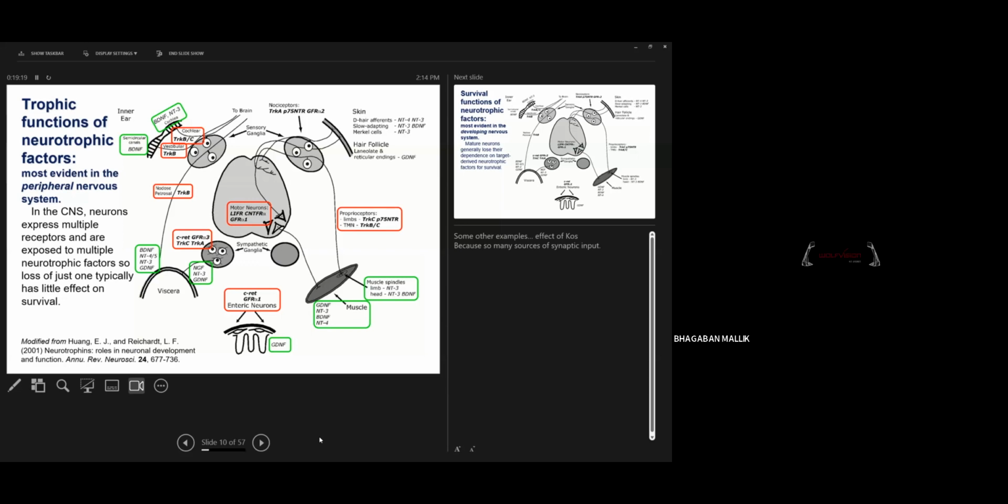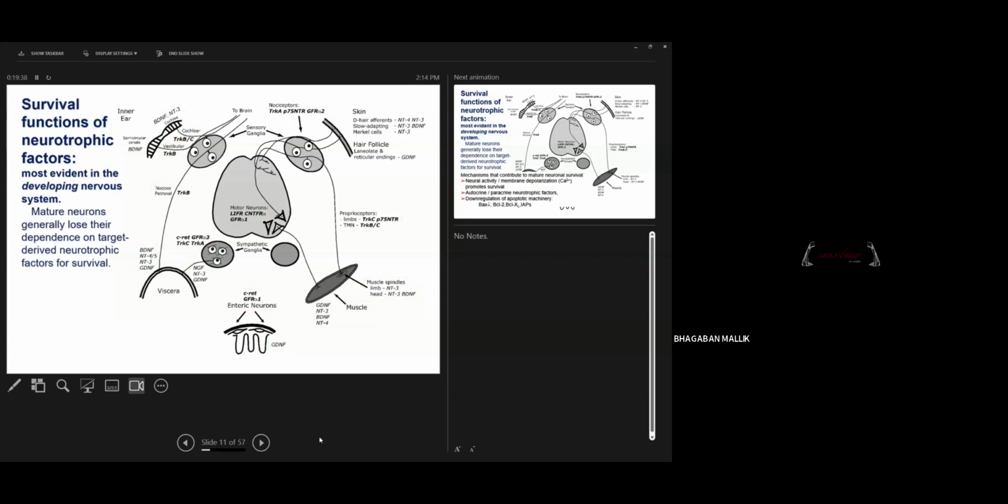So if you lose one neurotrophic factor or one neurotrophic receptor, you have very little effect, because you have multiple of these, multiple receptors in the central nervous system or multiple neurotrophins in the target. That is what is highlighted here.